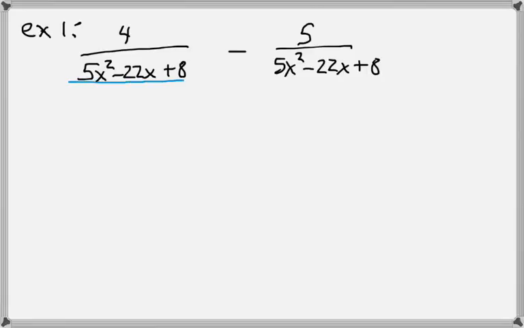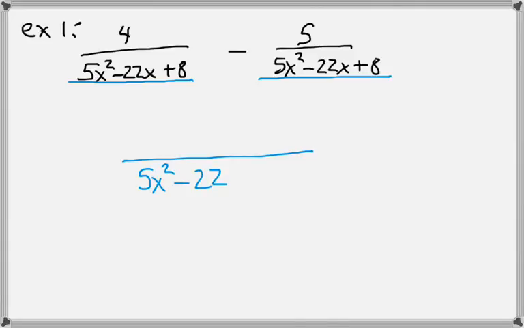Well, in this first one, my denominator is 5x squared minus 22x plus 8. In my second fraction, my denominator is also 5x squared minus 22x plus 8. So that is going to stay, and that's going to be the denominator: 5x squared minus 22x plus 8.